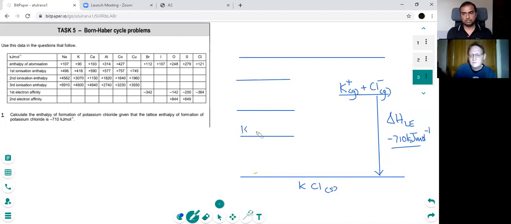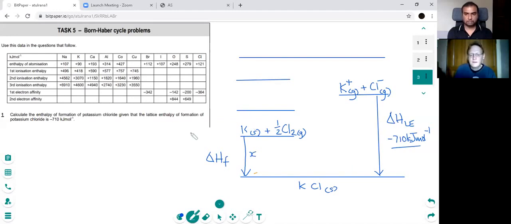So we've got potassium, which is a solid, and chlorine, which is Cl2, a gaseous molecule, and then to balance we would need a half Cl2 there. And that's our enthalpy of formation, and that's what we're trying to calculate.